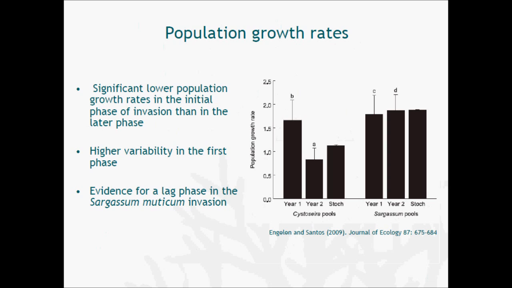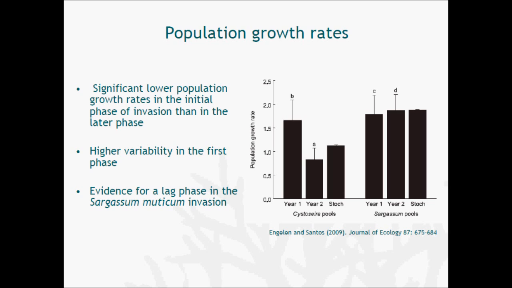The other very interesting thing is that in the first phase, when it's directly competing with Cystoseira, the population growth rate variability is higher, which tells you about the competition. When there is competition, there is more variability of the population growth rates. They are generally lower, and when Sargassum finally occupies everything, it grows much better and in a much more stable way.